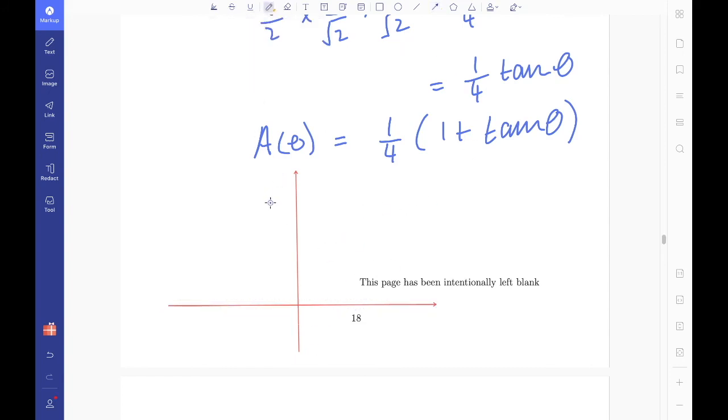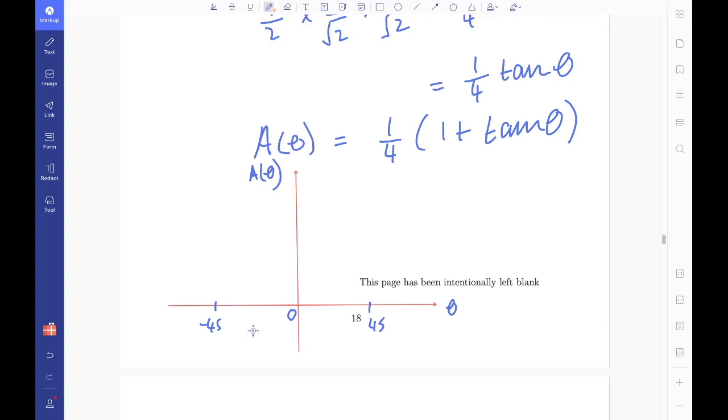So this is 0, this is minus 45, this is 45, this is theta, and this is A of theta. So tan theta goes through the origin, and at 45 it would be 1, and at minus 45 it is minus 1.